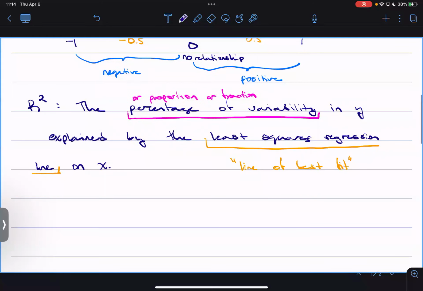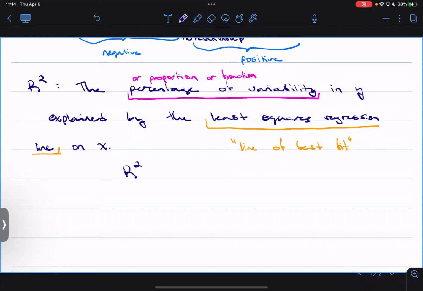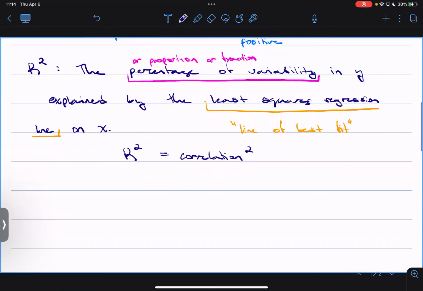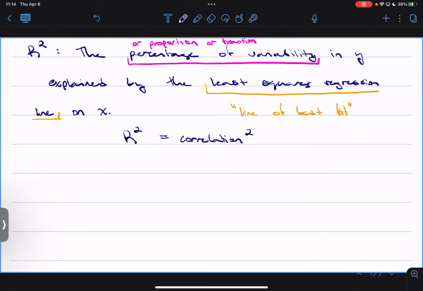And calculation wise, I guess, the R squared is the correlation squared. So if you have the correlation between -1 and 1, if I square that, right, then it takes the negative side, between 0 and -1, and makes it positive.